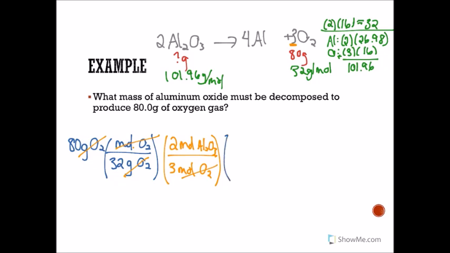If we were just looking for moles of aluminum oxide that must be decomposed, we would stop here, because our units are moles of aluminum oxide. Now, it's asking what mass of aluminum oxide must be decomposed. We need to use that molar mass to convert back. So 101.96 grams of aluminum oxide goes on top, because we need moles of aluminum oxide on the bottom to cancel off with our mole ratio.